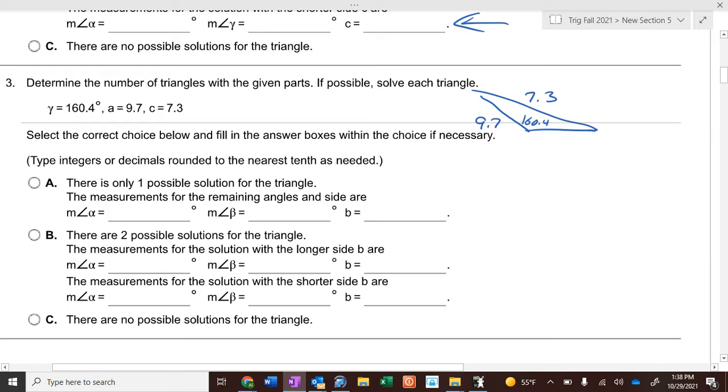Instantly, I can look at this problem and say, no way, Jose. Why? Because your longest side isn't opposite your biggest angle. And when you see that right off the bat, boom, it's C. No possible solutions. Okay? C, no possible solutions.